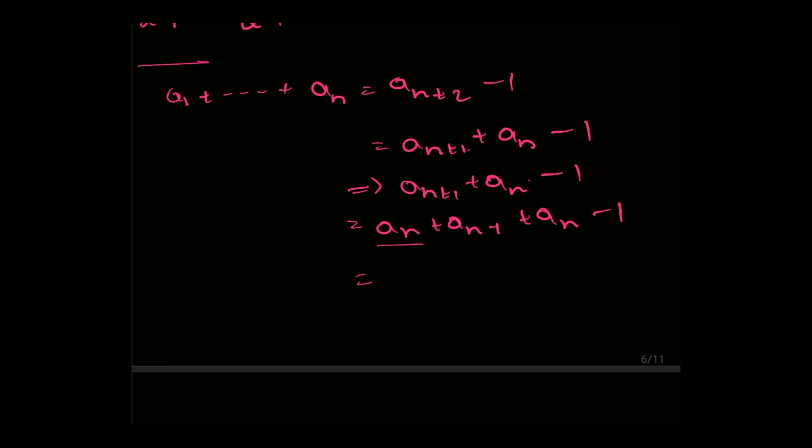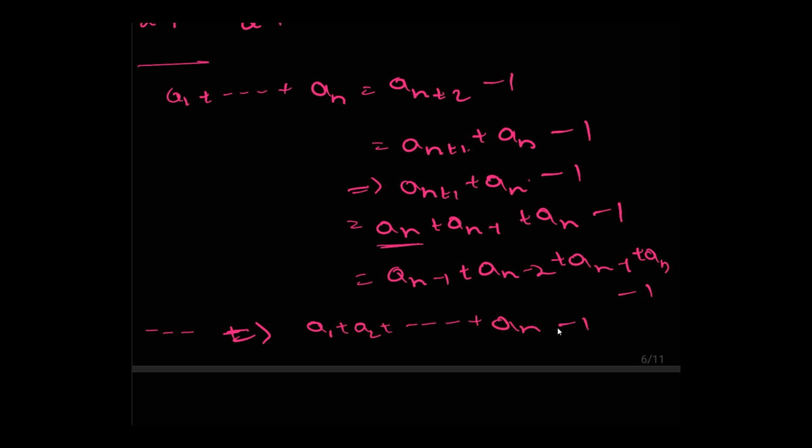Now here again do it for an. We get an minus 1 plus an minus 2 plus an minus 1 plus an. And so on. Finally we get a1 plus a2 plus and so on plus an minus 1 plus a2.